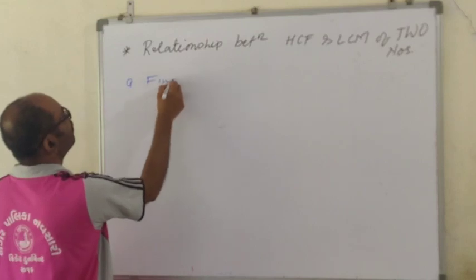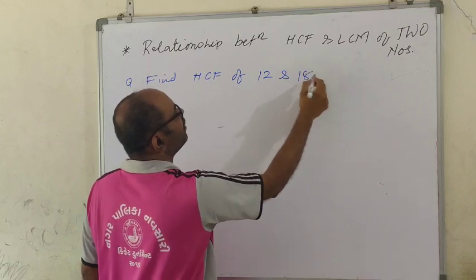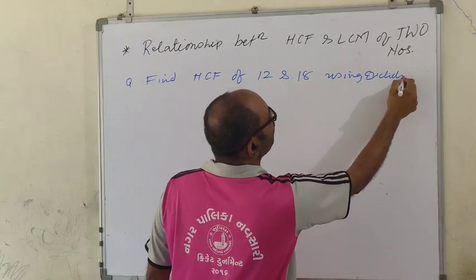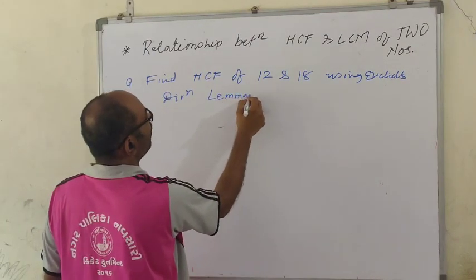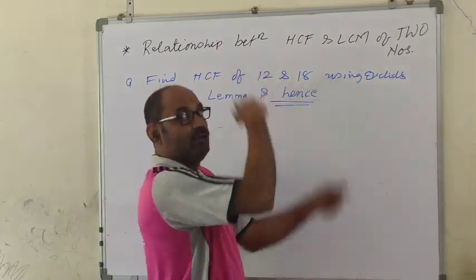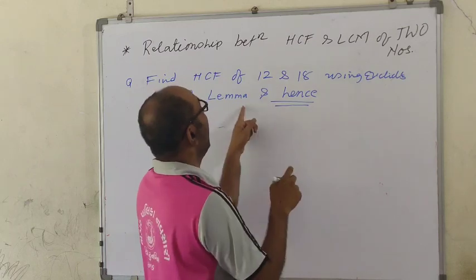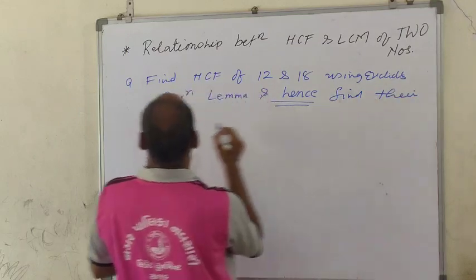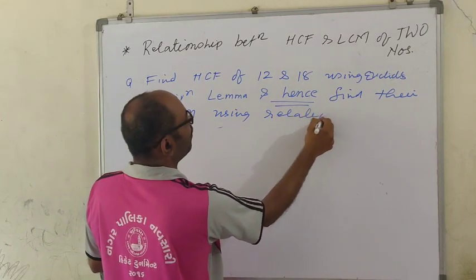Question. Find HCF of 12 and 18 using Euclid's division lemma, and hence find their LCM using the relationship.